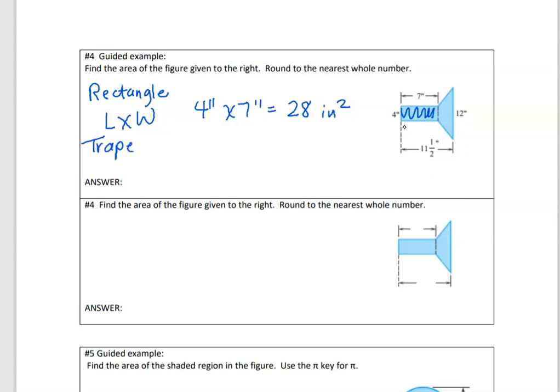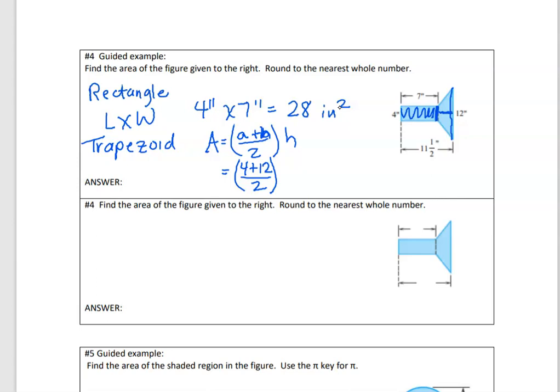How do you find the area of a trapezoid? Okay, so the formula for the area of the trapezoid is here, and the A and the B are going to be these parts right here. This is your A and this is your B. So when I start plugging this stuff in, I would have 4 plus 12 divided by 2, and then the height of the trapezoid is going to be this section right here. Well, I know the whole thing is 11.5 inches, so if I subtract the 7 inches, that should give me the difference.